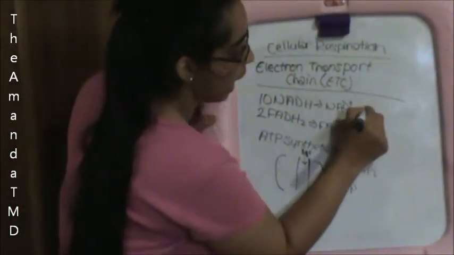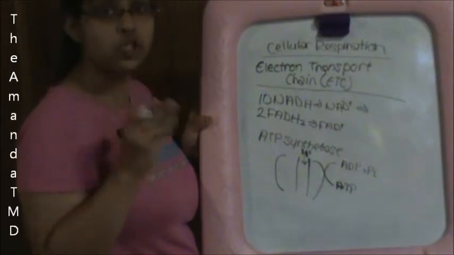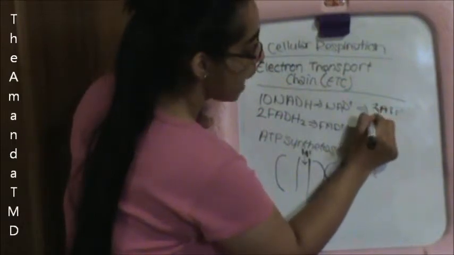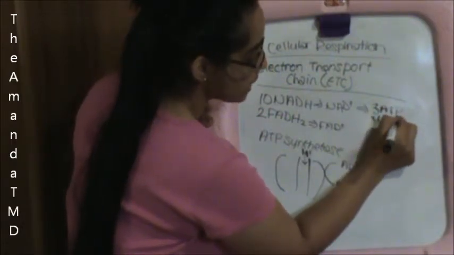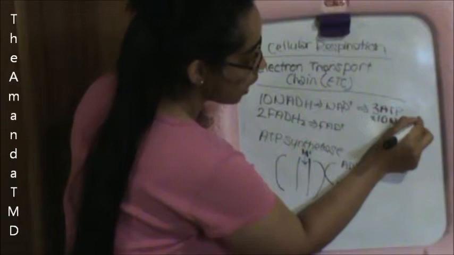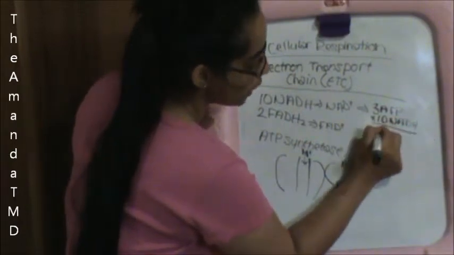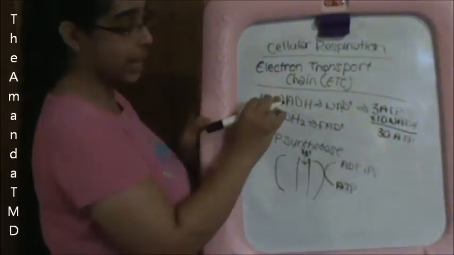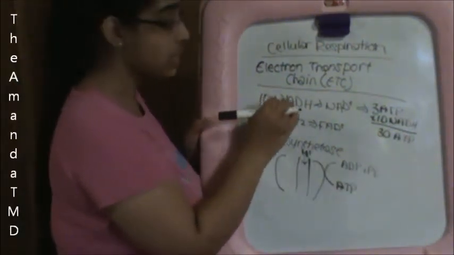These 10 NADHs, each one on its own produces 3 ATPs, times 10 NADHs that you have gives you 30 ATPs just from the NADHs being oxidized.